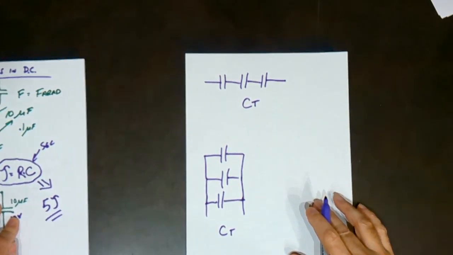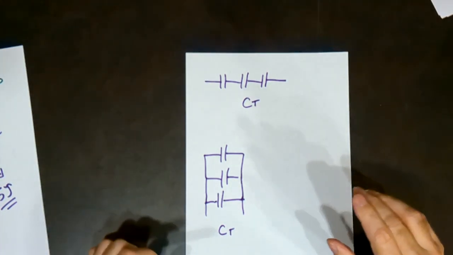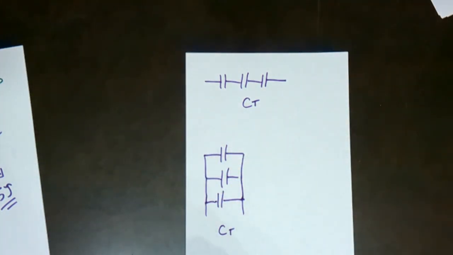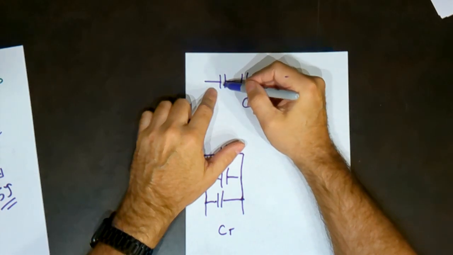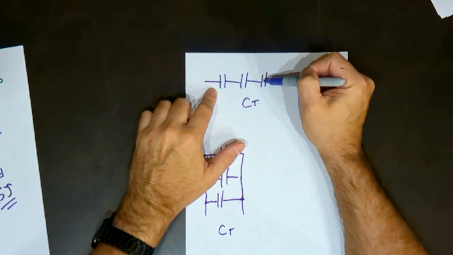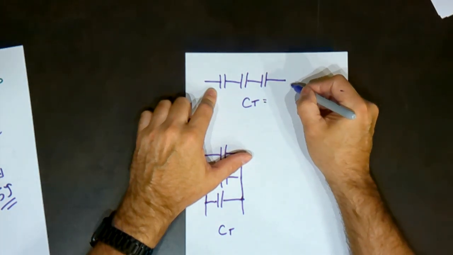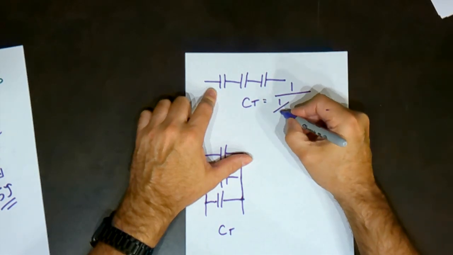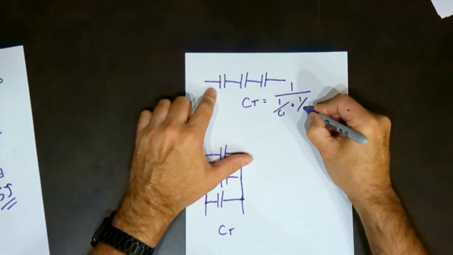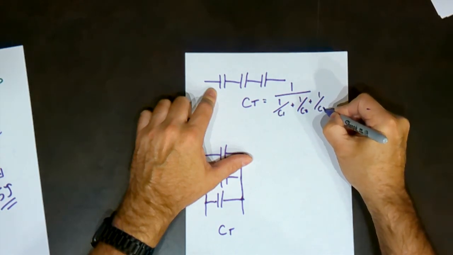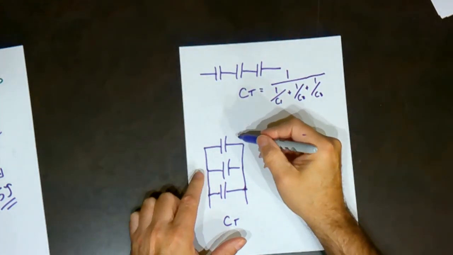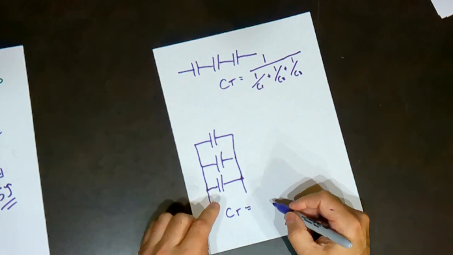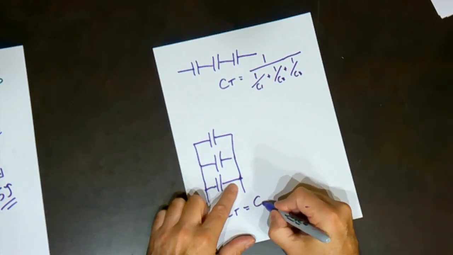You already know the formulas. They're exactly the same as the formulas for calculating resistors, but backwards. So the formula for calculating capacitors in series is the same as the formula for calculating resistors in parallel. When I have capacitors in parallel, the formula is exactly the same as resistors in series.